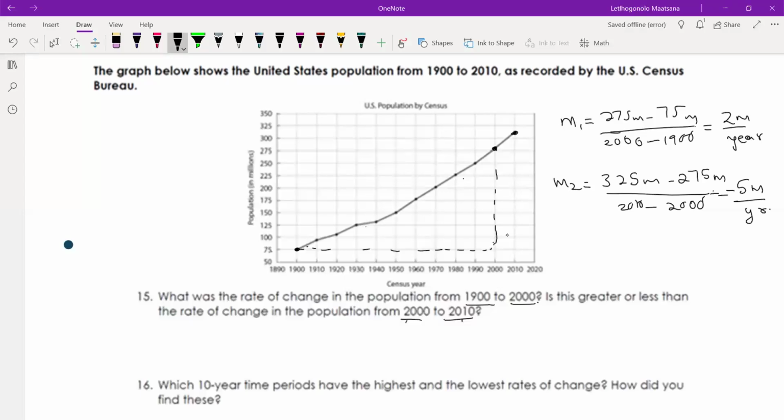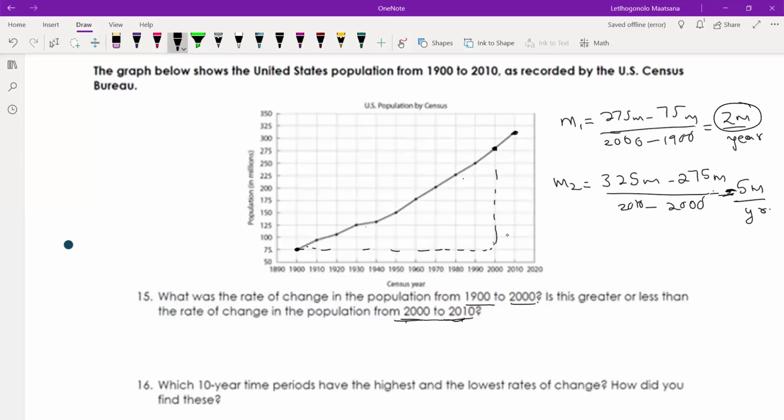So clearly, between 2000 and 2010, the population increased more, by 3 million per year, than between the years of 1900 and 2000, right?